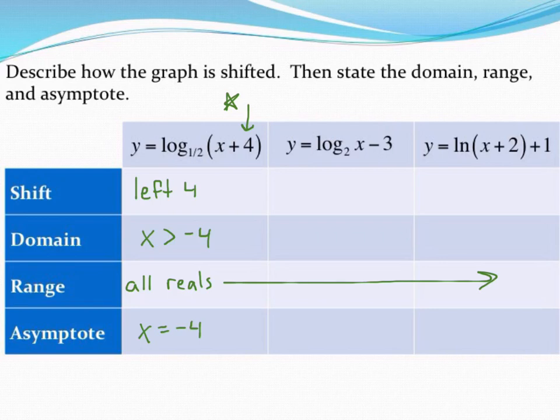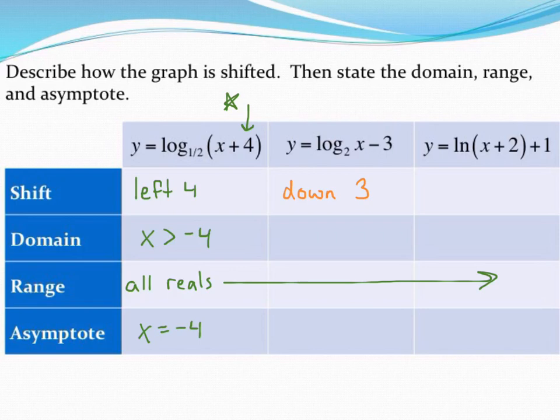Okay, let's try one more together, and I'll have you guys try that last one on your own. So be careful with this one. Oh, by the way, notice too, I'm not even looking at what my log base is, whether it's log base 2 or log base 1/2. None of that affects anything about my domain or range, so I don't even really care what my log base is. This time, the shift that's going to occur is going to move my graph down 3 spaces. This one always gets people because they want to say it's moved to the right 3.